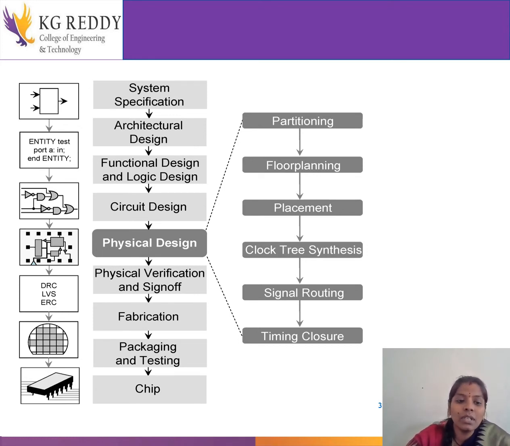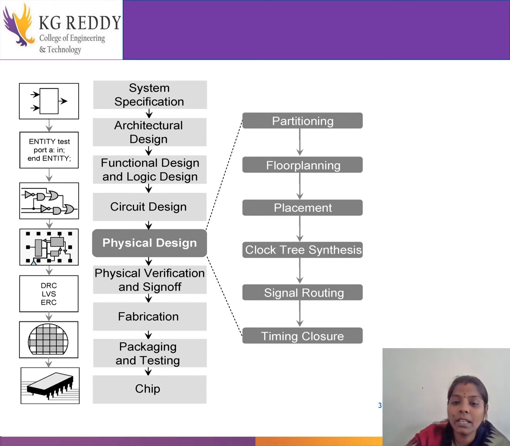But when it comes to detailed routing, up to what length the interconnects need to be connected to the circuits, the details of the interconnections will be given in this signal routing.